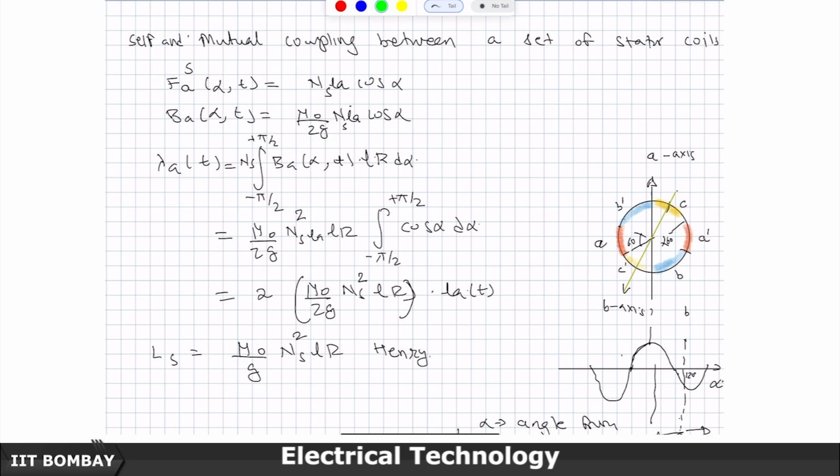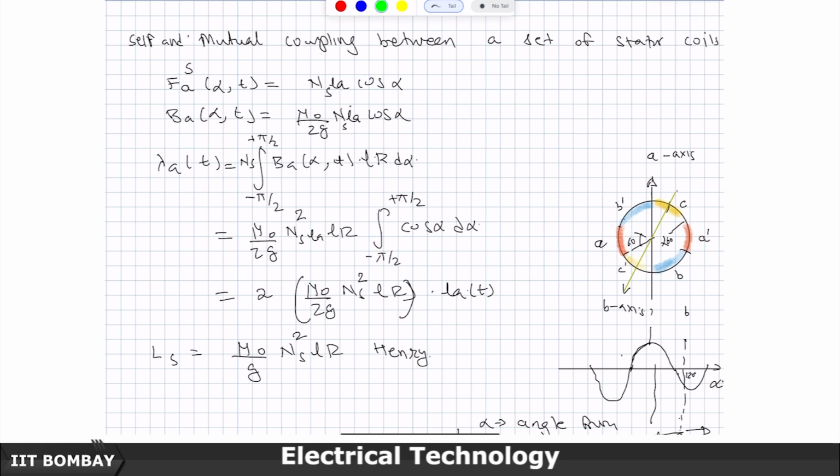So B_A(alpha, t) becomes mu 0 Ns Ia by 2g cos alpha. This being the magnetic axis, to find the flux linking the A phase winding, I have to move from minus pi by 2 to plus pi by 2.